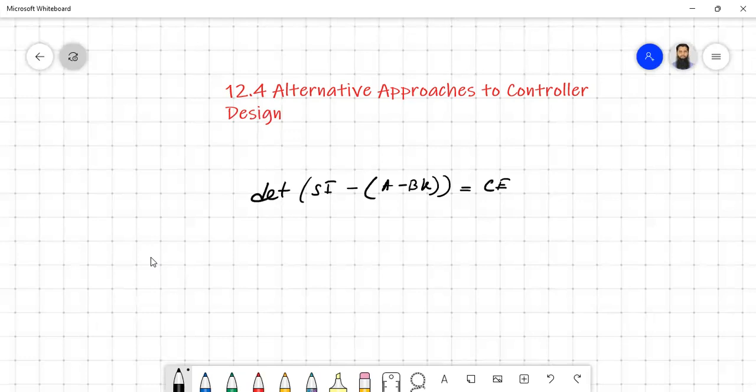And our desired characteristic equation is based on the pole locations, whatever we choose. From these two characteristic equations, equating the coefficients, we figure out the gain values K. So this is the design procedure, which is the same as before.